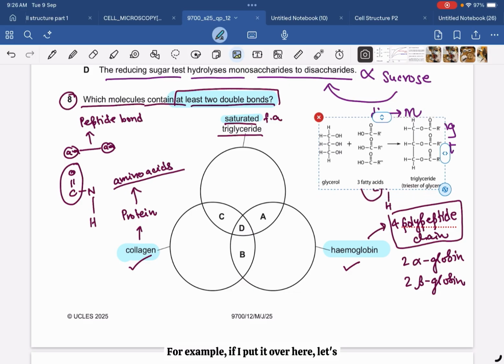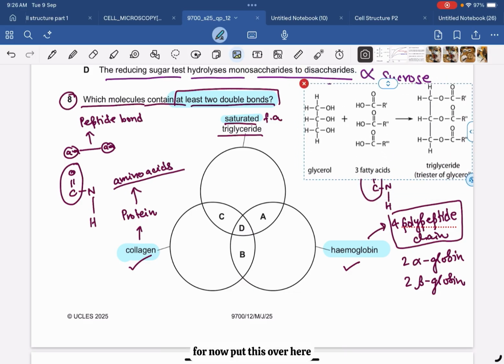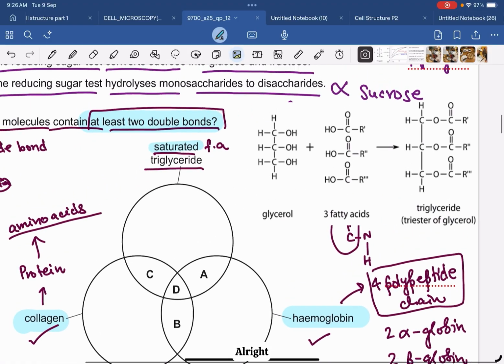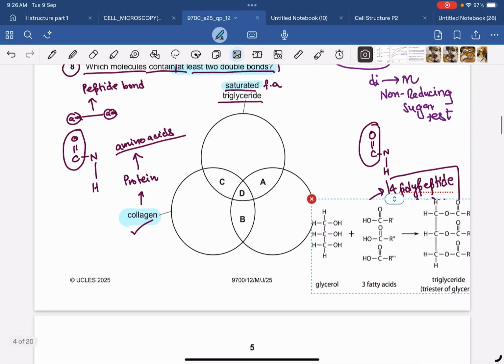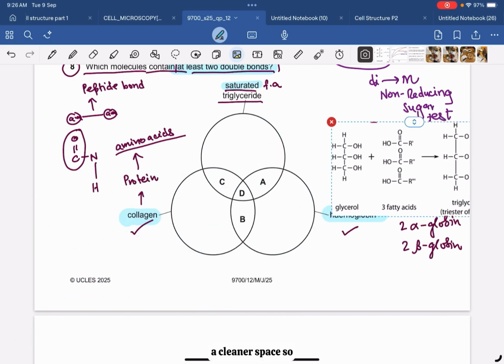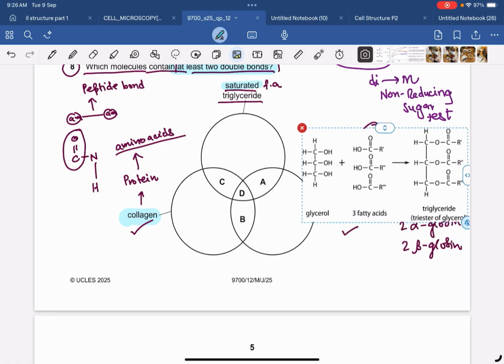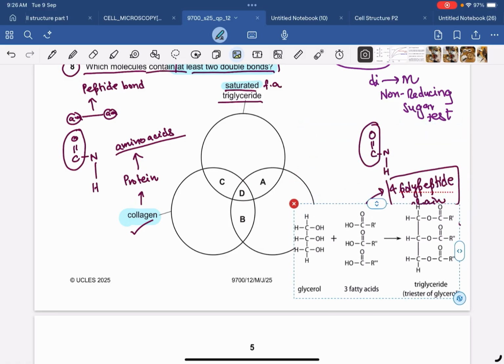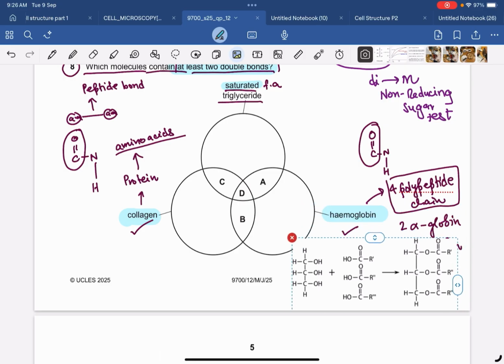For example, let's put this on a cleaner space so that you guys can also see it properly. Alright, so for now let's put it over here.